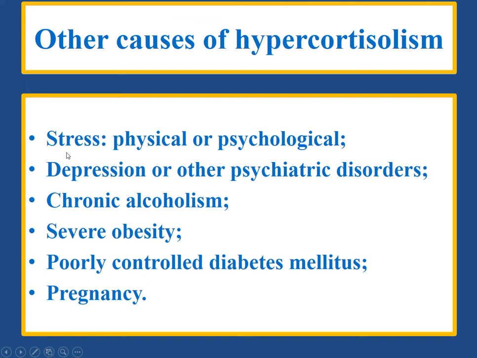For example, physical or psychological stress increases the cortisol level. Depression or other psychiatric disorders also result in hypercortisolism. Chronic alcoholism, severe obesity, poorly controlled diabetes mellitus, pregnancy, all of these conditions may result in elevation of blood cortisol level and elevation of urine excretion of cortisol.